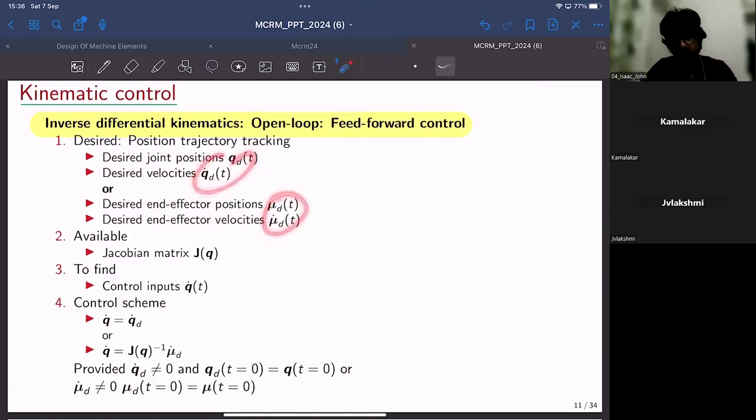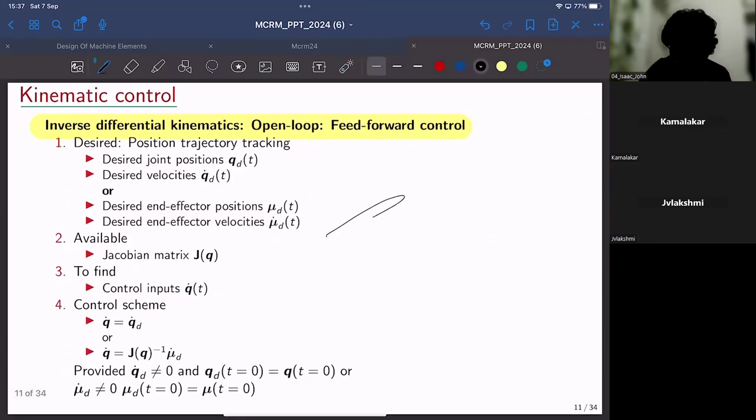These are in task space. So your desired positions and your desired velocities. And we have the robot's Jacobian available because we can derive the robot Jacobian based on the robot's configuration. And our objective is to find out the control input or the control velocities that we would be giving to the robot manipulator.